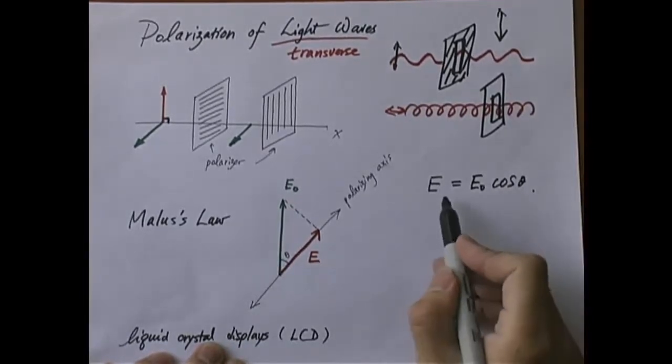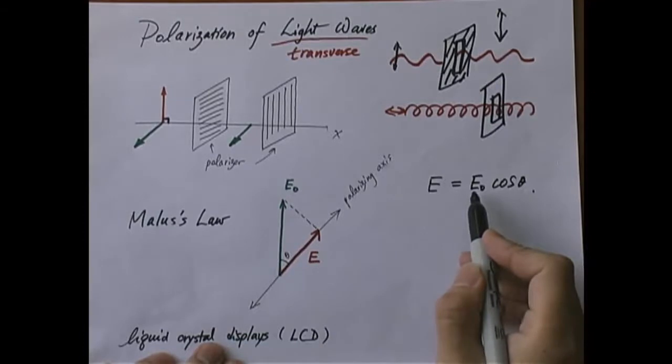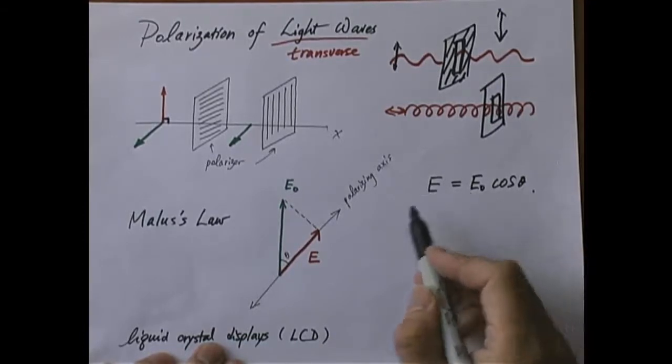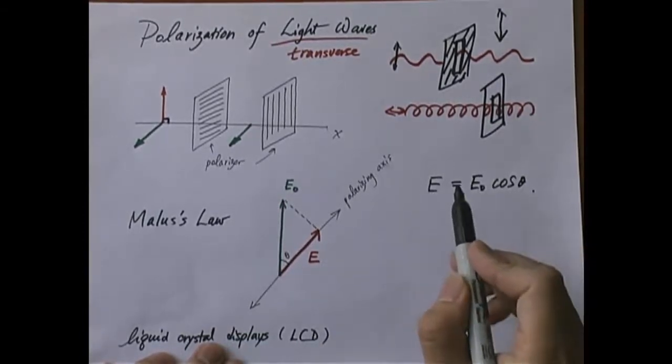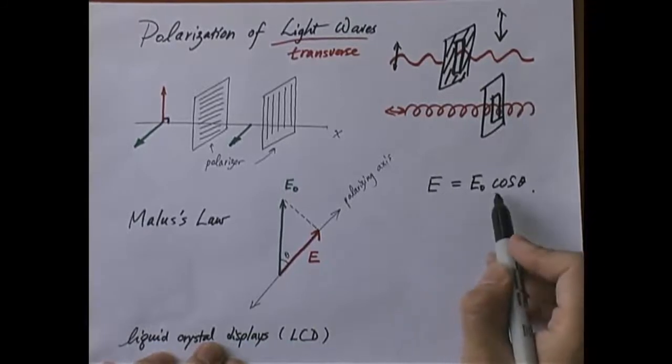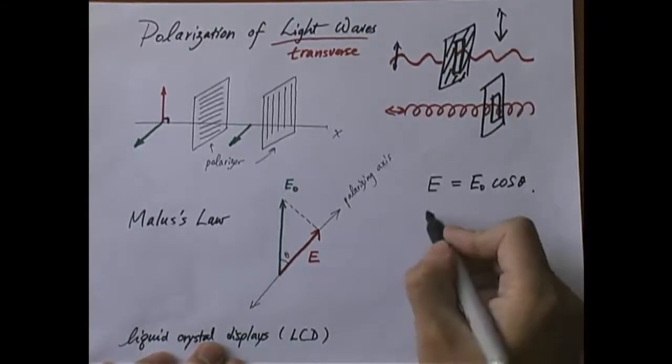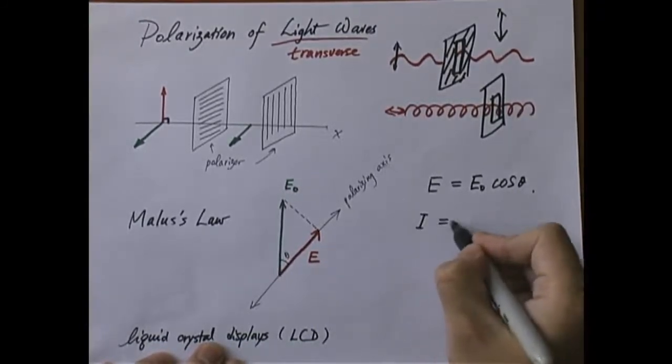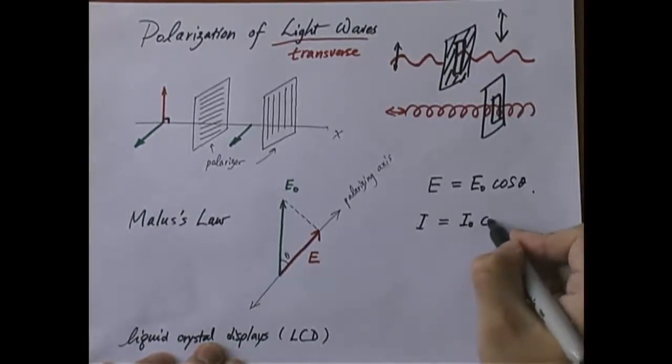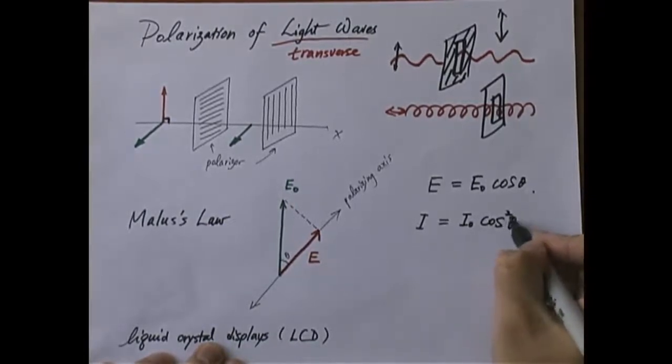We cannot see the electric field directly. We can observe the intensity. Intensity is proportional to the electric field squared, so we square both sides. What do we get? We get I equals I naught cosine squared theta.